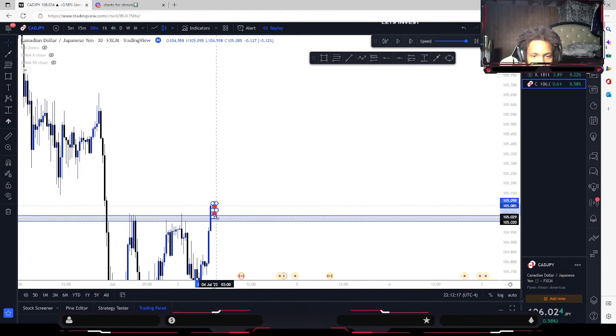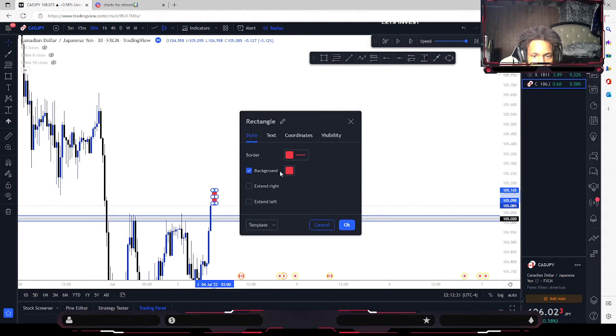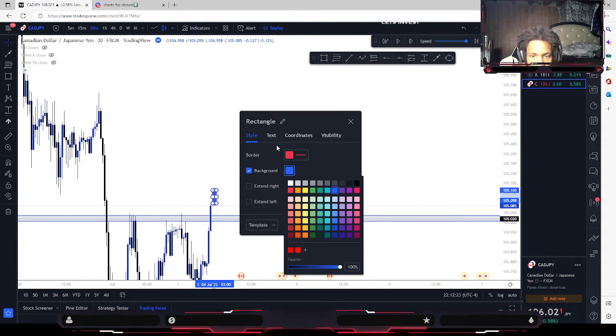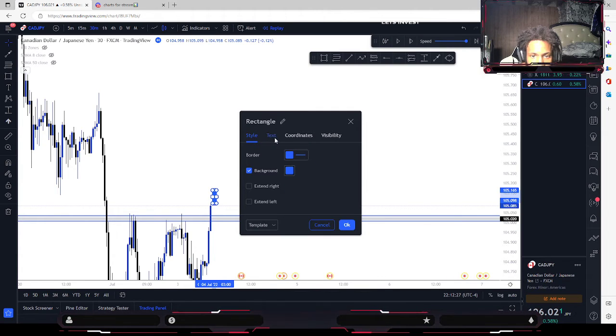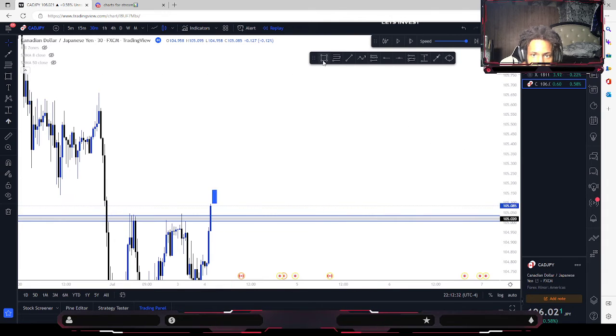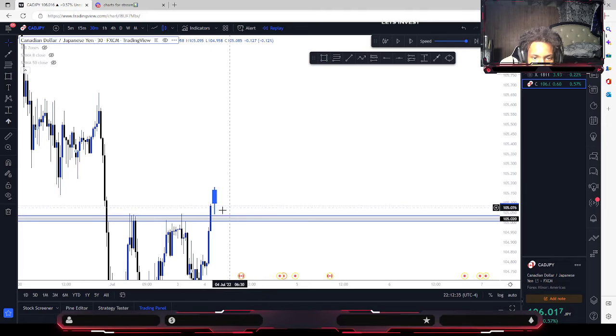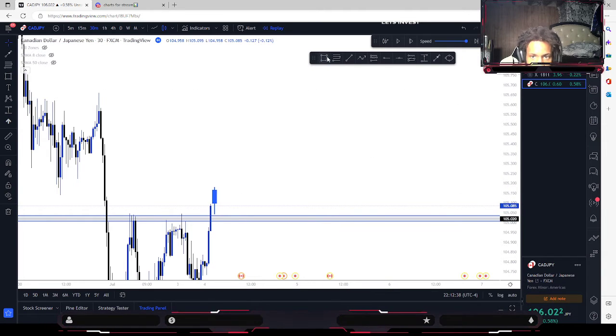It opened up and it was breaking down. Then it flipped bullish, turned blue, and it also had that bottom wick like so. My entry was going to be at the break of this high here.